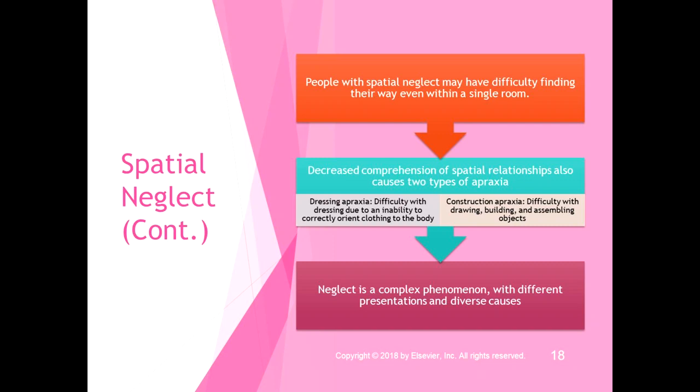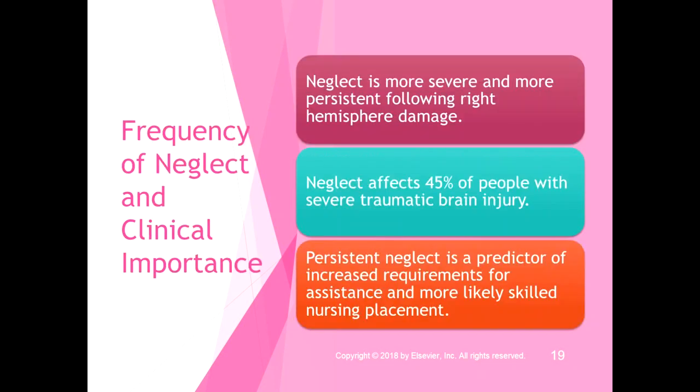Neglect is a complex phenomenon with different presentations and diverse causes. So it's not a specific area of the brain necessarily, even though it's usually the right hemisphere. But it's difficult for the patient and for their caregivers. So neglect is more severe and more persistent following right hemisphere damage, and it affects 45% of people with severe traumatic brain injury.